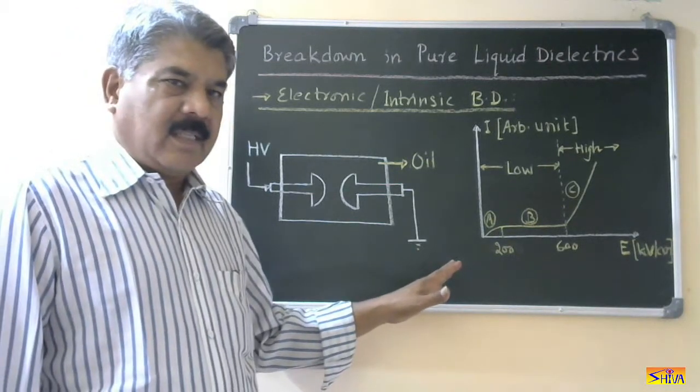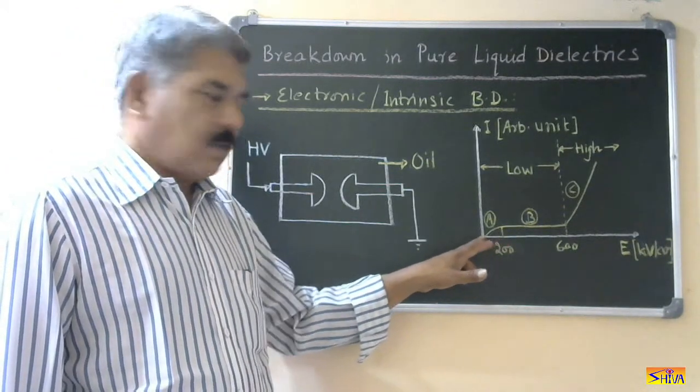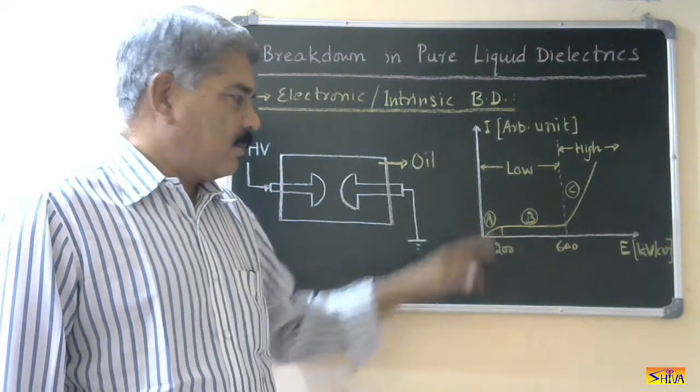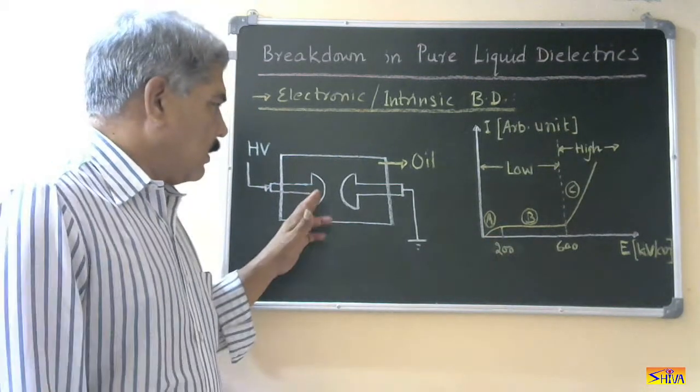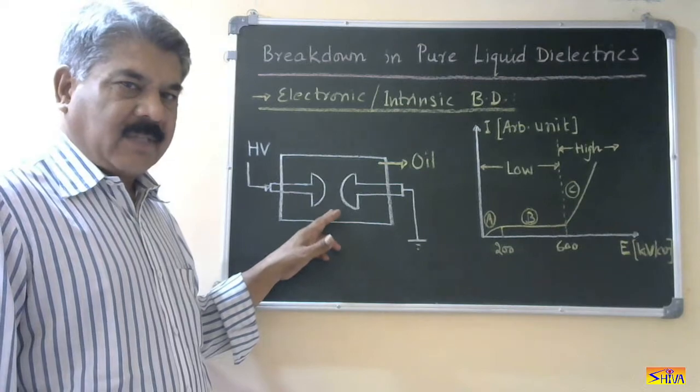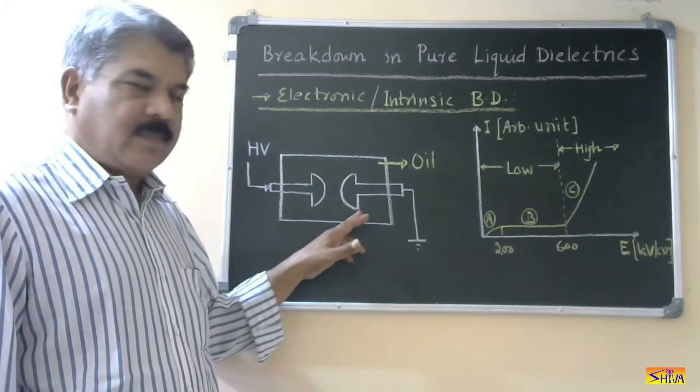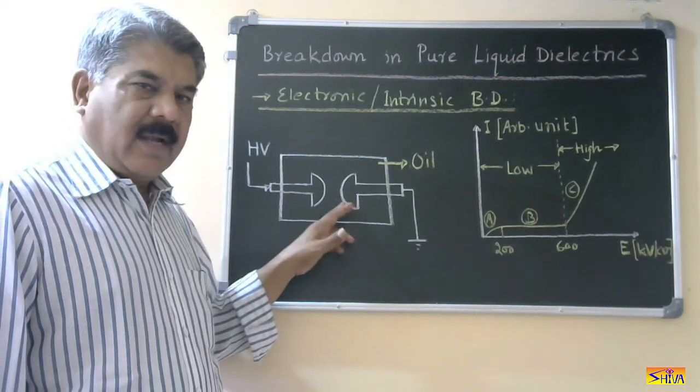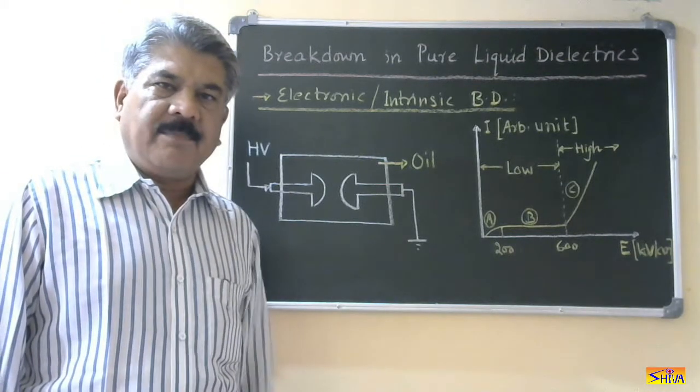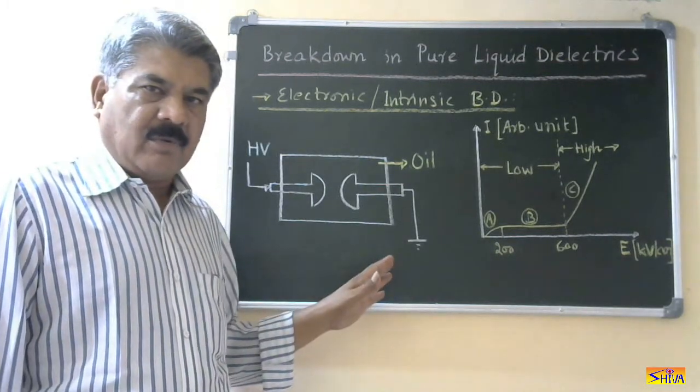Initially, when we start increasing the electric field, say up to 200 kV, electrons are ejected from the cathode. They rush towards the anode, and in the process, they collide with the liquid molecules.